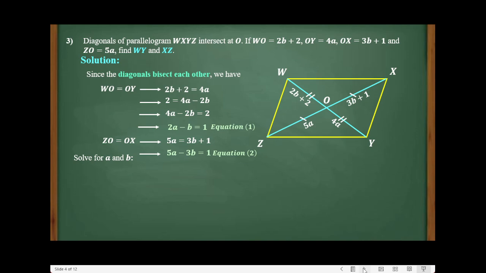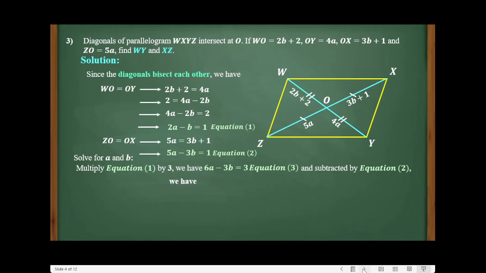So we solve for A and B. First thing we need to do is to multiply equation 1 by 3. So the result would be what? 6A minus 3B equals 3. And let us label this as equation 3. And we're going to subtract this equation by equation number 2, which is 5A minus 3B.